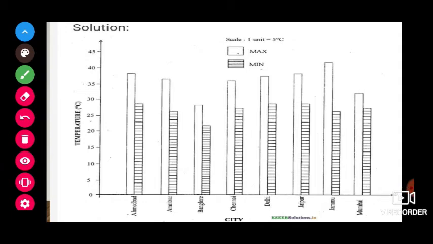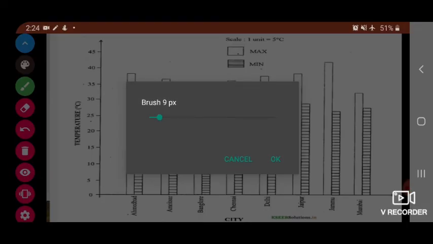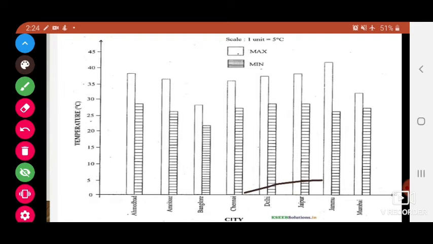So the height of the Amritsar maximum is 37, which is a little bit in the middle, so we will take it in between 37 and 40, that is 37. Next one is 26.